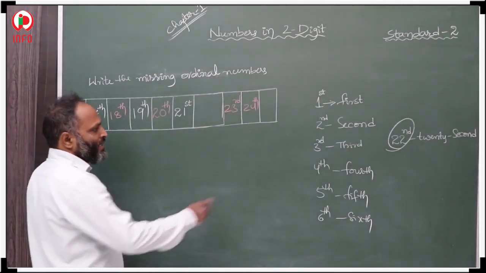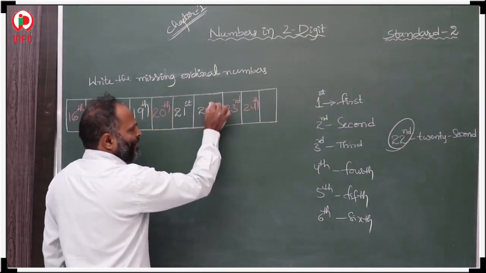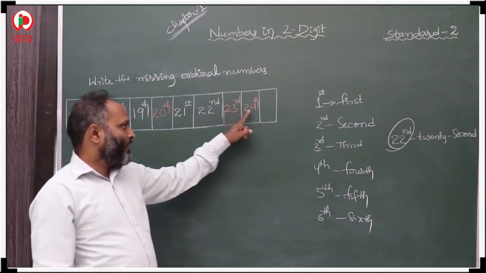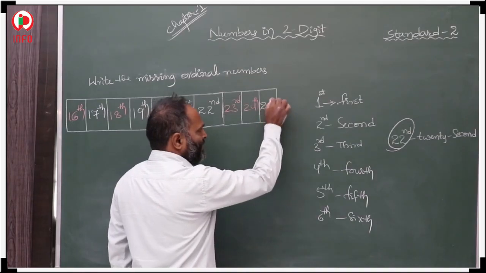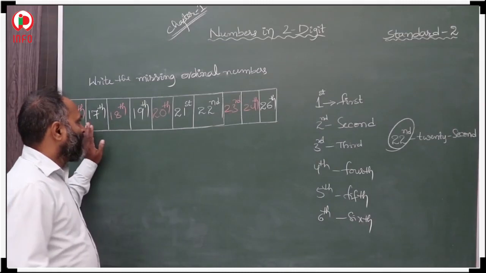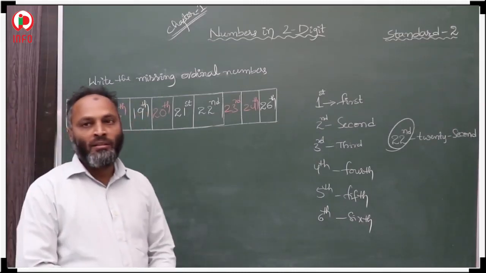Then 22nd, 23rd, 24th, and after that 25th, 26th. Like this. These are the ordinal numbers. So missing ordinal numbers we have to write in this.